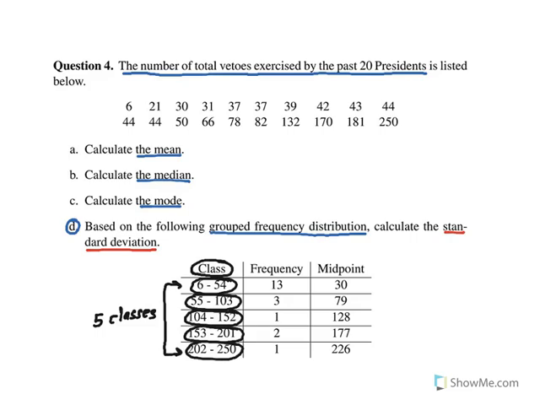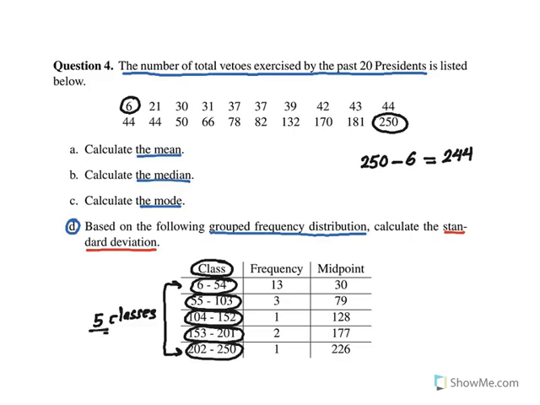I just want to remind you how to make these classes. So first you look, the highest number of vetoes is 250, the lowest one is 6. So 250 minus 6 would give you 244.